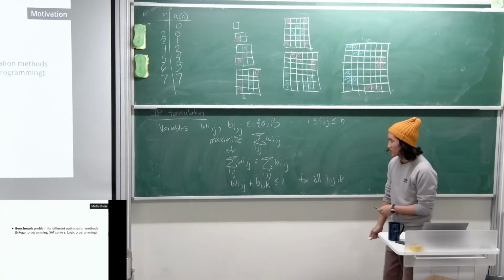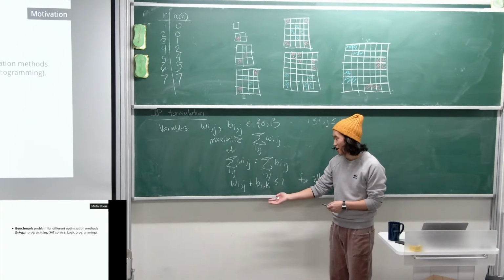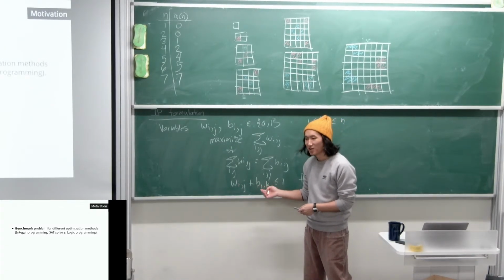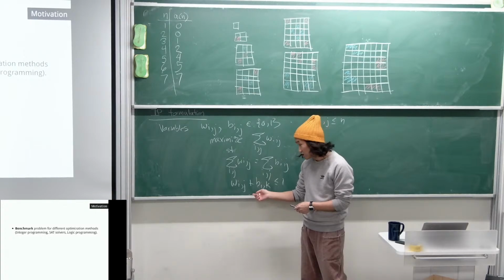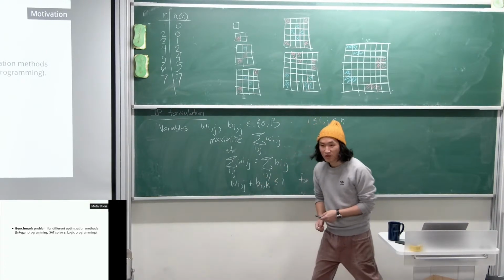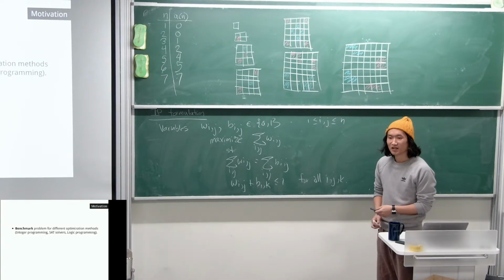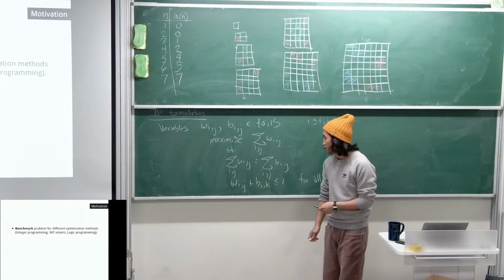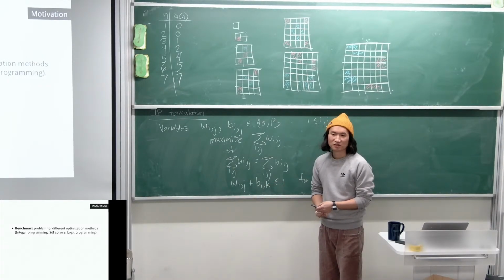This constraint just says you should not have a white queen and a black queen in the same row. Okay, and then you can do this for the columns, and you can do this for the diagonals as well.